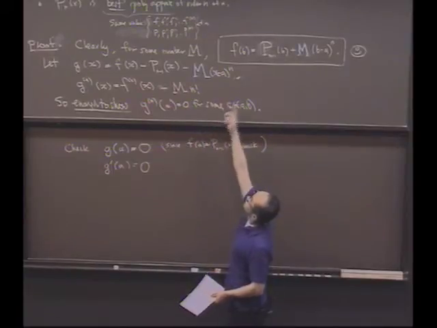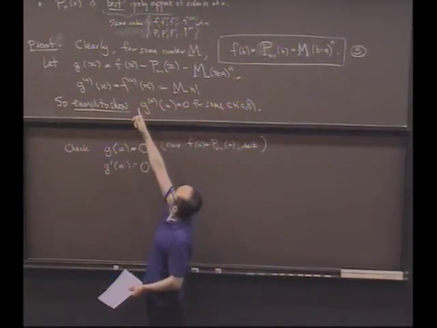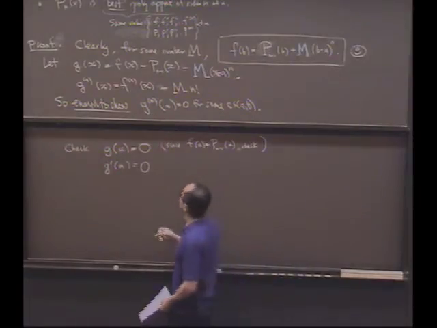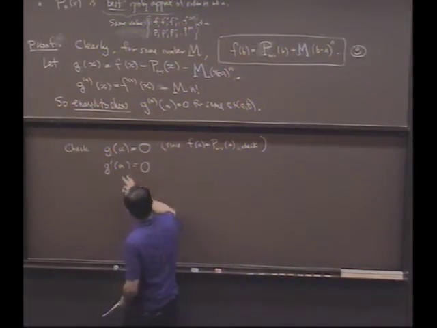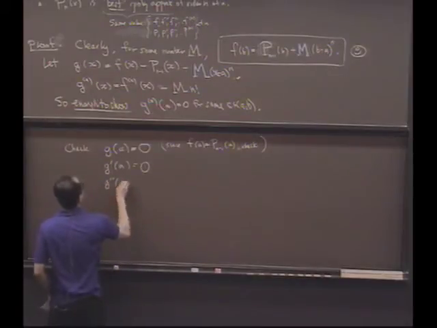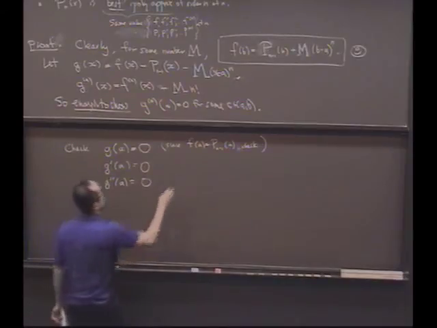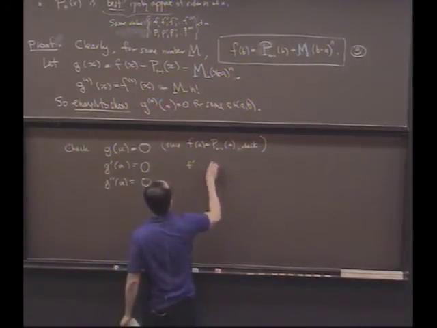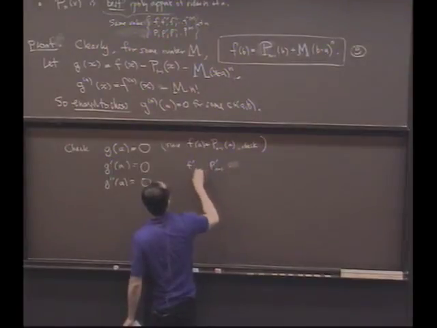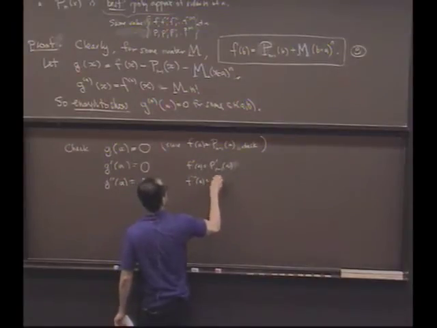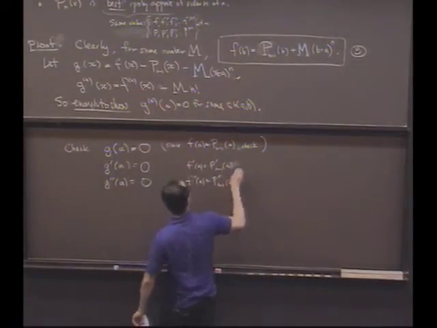So this vanishes, and f prime and p prime have the same value. That's basically what we see. So, in fact, if I look at the second derivative, I'll also get 0. Why? Because f prime and p prime have the same value at a, and this one's true because f double prime at a is the same as p double prime at a, etc.